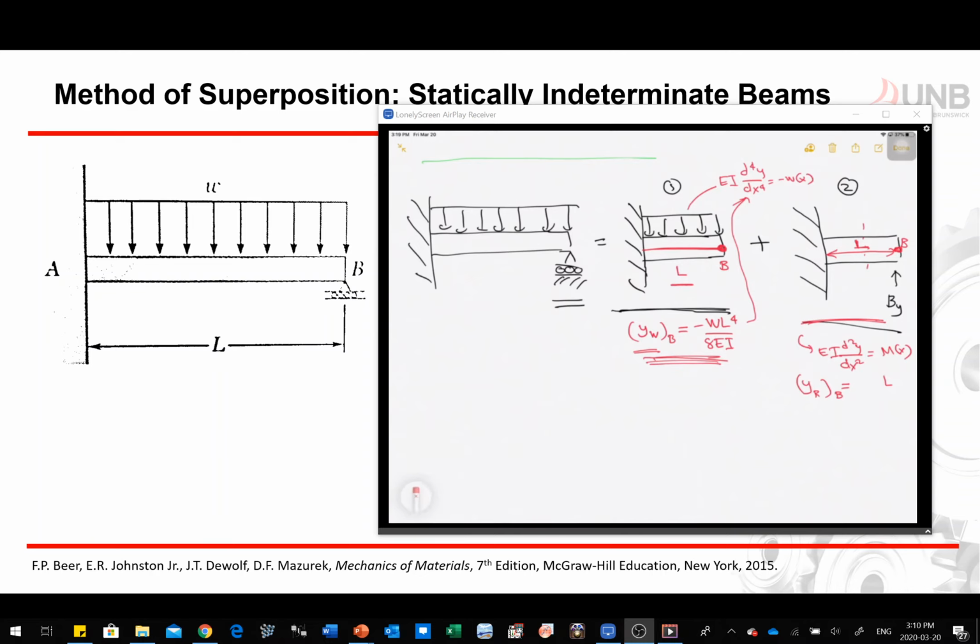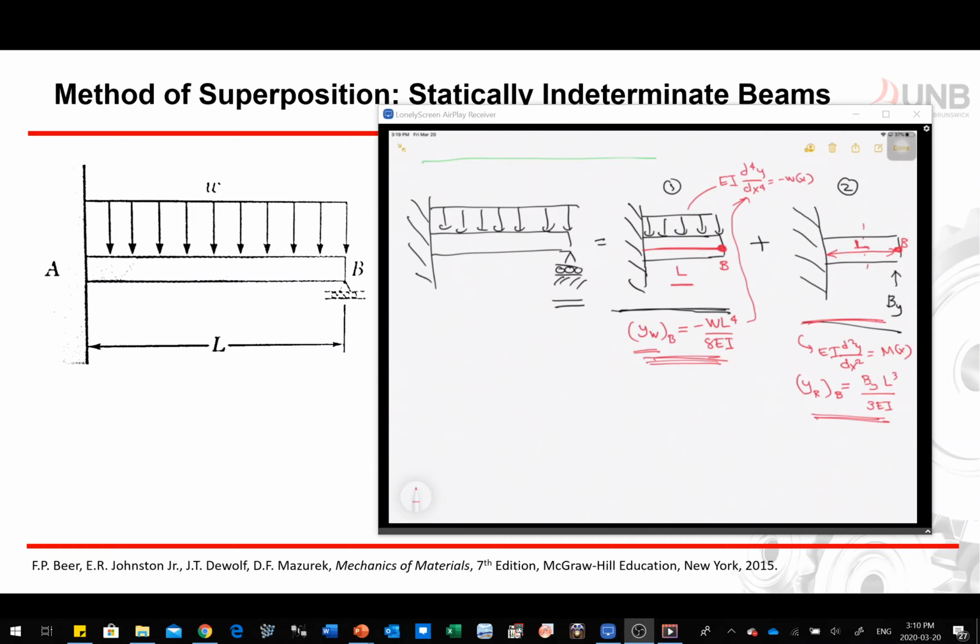That's the reaction at point B, L raised to 3 divided by 3EI. So we have this equation for our deflection at point B.